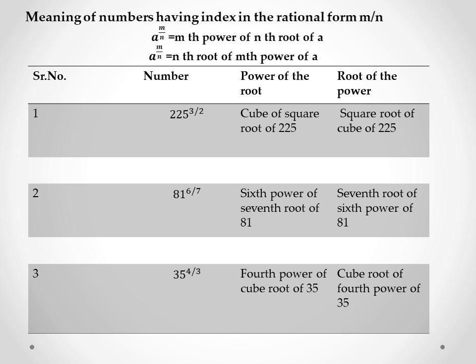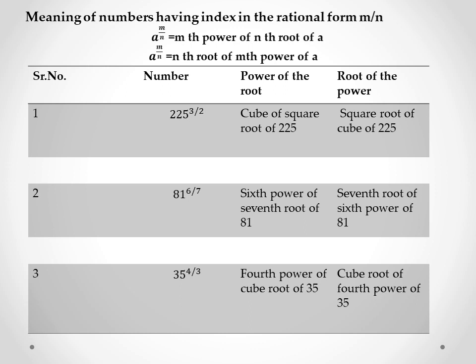Here they gave a raised to m upon n. There are two methods to read this sum. A raised to m upon n. When there is m upon n, the upper number, that is m, is known as power and n is known as root. Means numerator is the power, denominator is the root in case of index. Then a raised to m upon n means mth power of nth root of a.